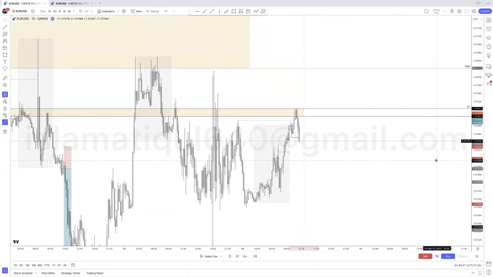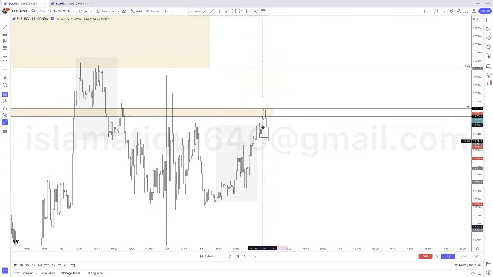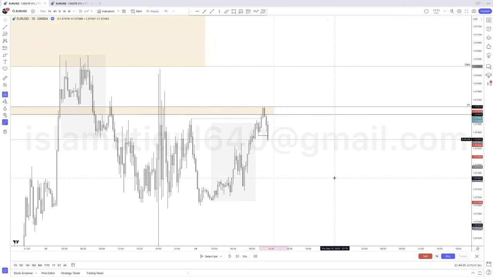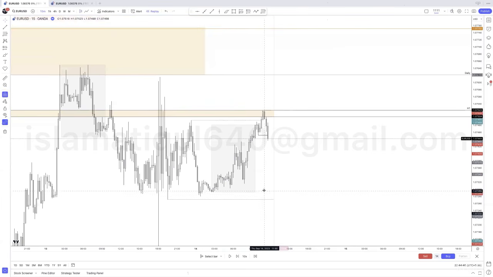Before this happens, I can say, oh, this is an inducement. They're just inducing people to give us this breakout, and then they can do this again. They can do that, yes. But I'm seeing a clear sign that the market wants to come down into the Asian lows, or into these lows, because buy stops are being taken out here a lot. They can easily move down here. So let's just wait and see.